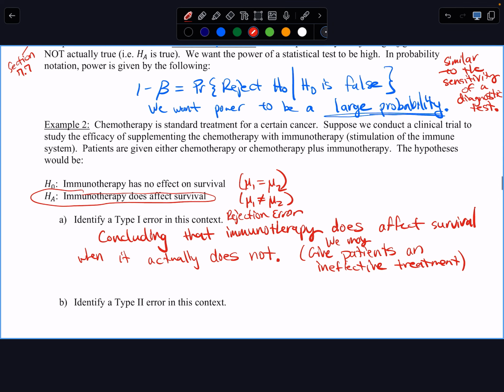I want everybody to try to identify the type 2 error in this example. Remember that this error comes from failing to reject your null hypothesis. That means we haven't gathered enough evidence, but we're failing to reject when we actually shouldn't fail to reject.